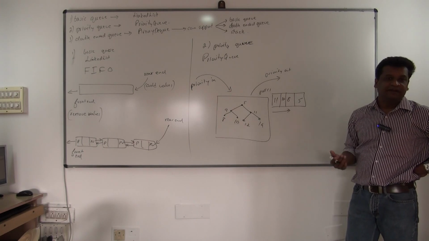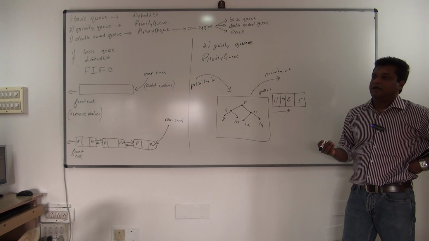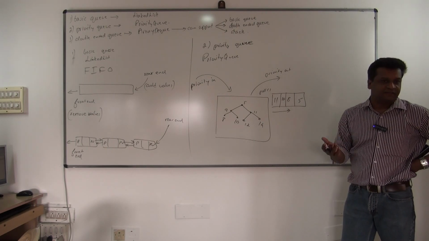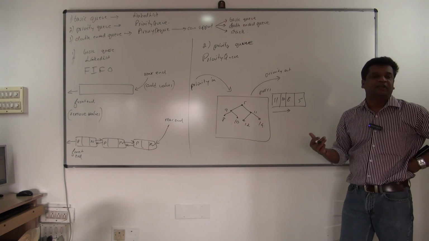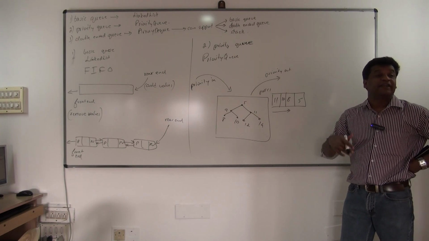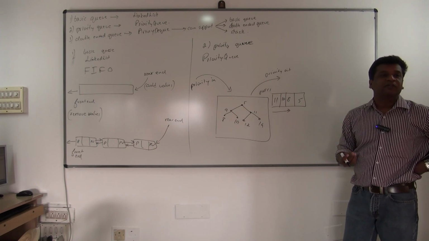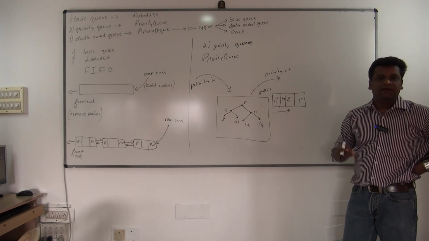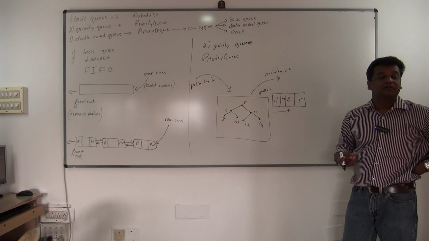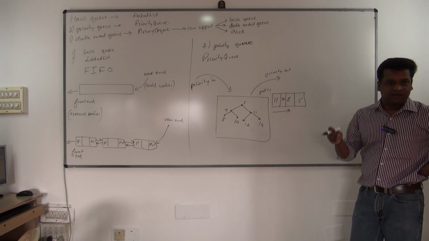Priority queue means it is giving out the elements based on priority, and the highest priority is given to the least value. If you want, you can change it to give out the highest value also, but by default the priority queue gives highest priority to the minimum or least value.